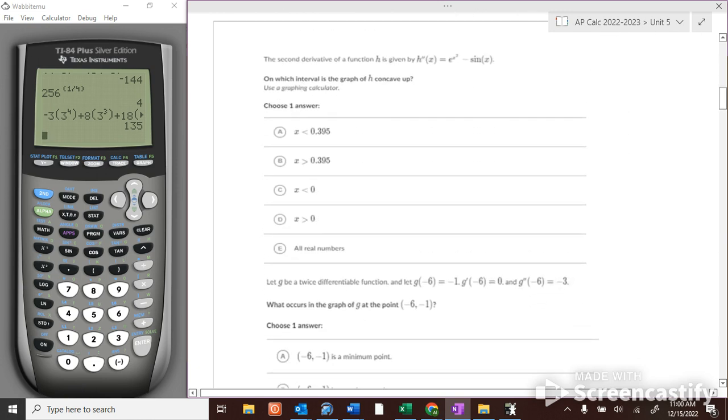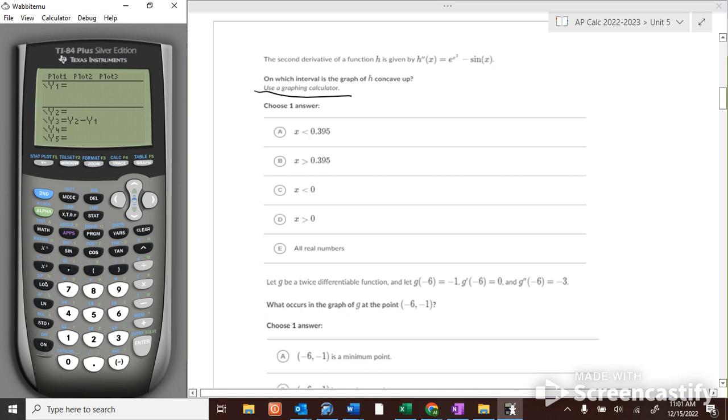All right. The second derivative function is this. Which interval is it concave up? Well, it's concave up where this function's positive. Now, it's kind of hard to tell where this function's positive. So if we take our graphing calculator, clear, we can find it pretty quickly. And it says right here, use a graphing calculator. So we're going to use it.